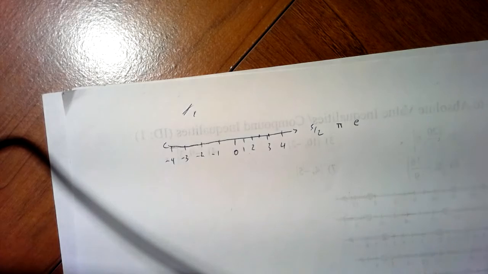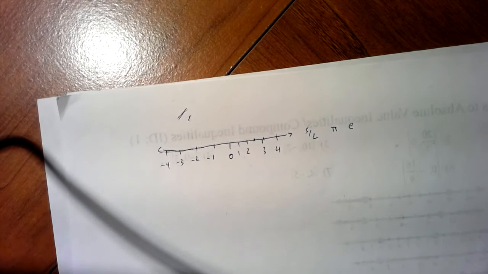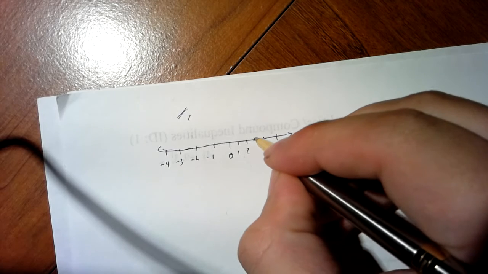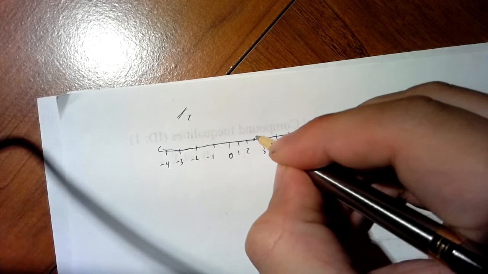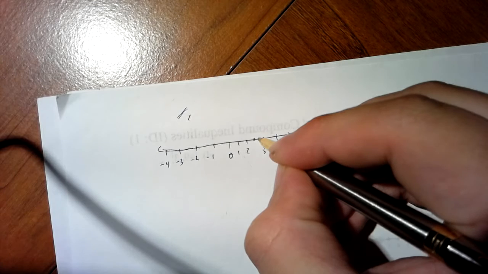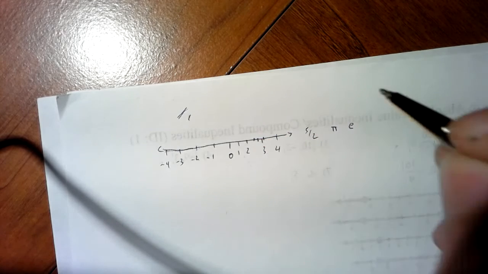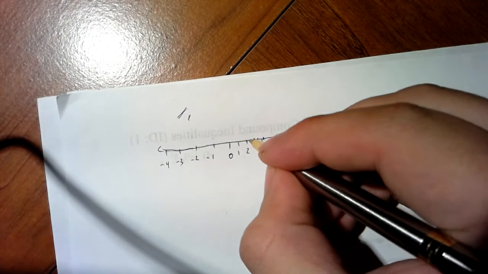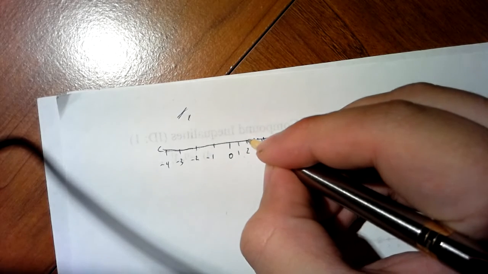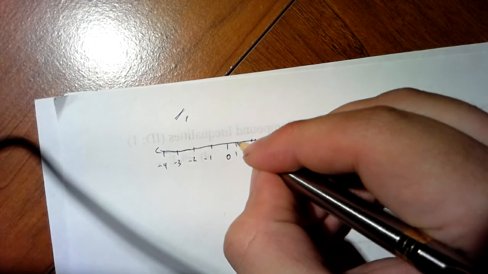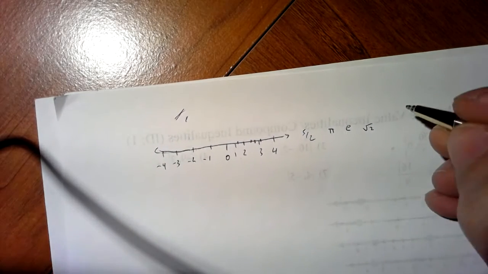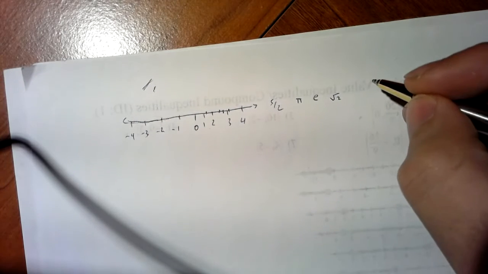E is another constant, 2.7 and so on. That's a number that's a little bit more than halfway between 2 and 3, so that would be closer over here. Square root of 2 would be somewhere over here, I'm sorry, on this side. So any real number you can think of, as eccentric as you want it to be.